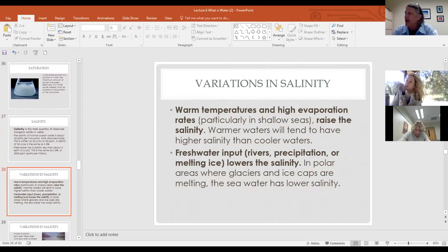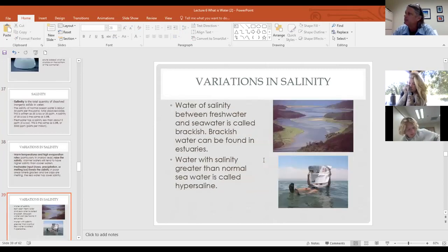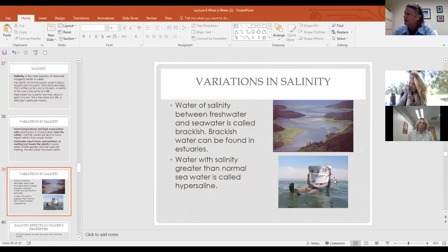With warm temperatures and high evaporation, you can be hypersaline, H-Y-P-E-R, meaning greater. With freshwater input, we call that water brackish, or hypo, H-Y-P-O, saline. So here's the Dead Sea. That's the saltiest on Earth, and this fella's floating. Why?